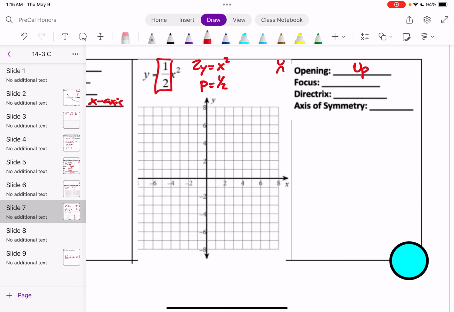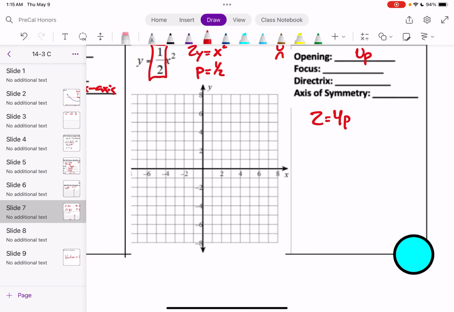In this case, we have 2 is equal to 4p, which means as we divide, we're going to end up with 2/4 is equal to p, which is also equal to 1/2.